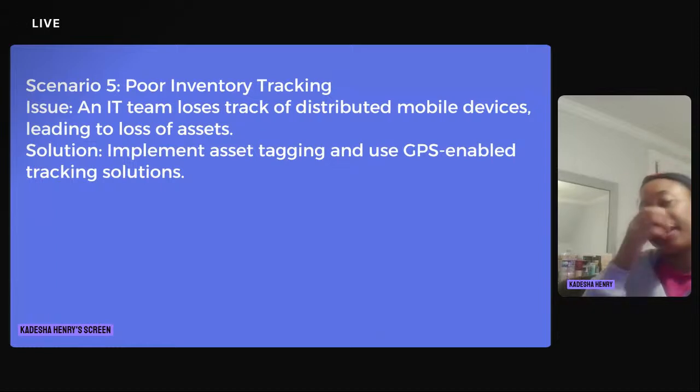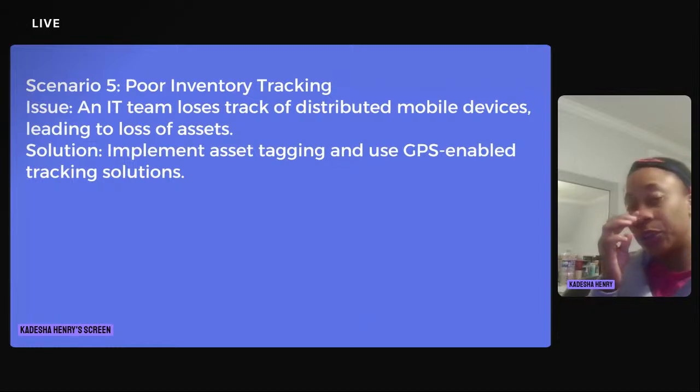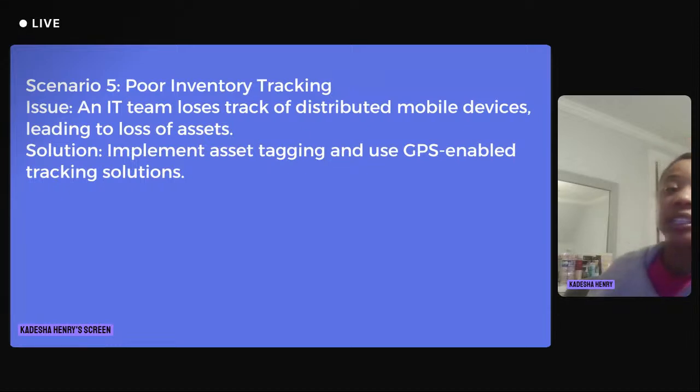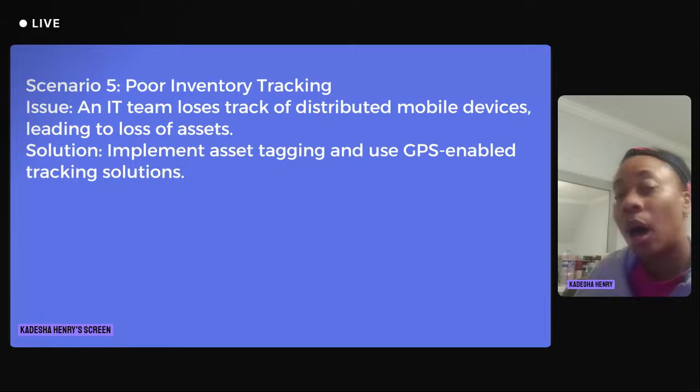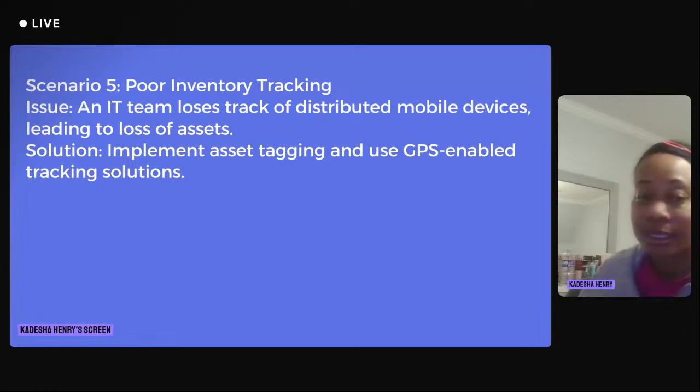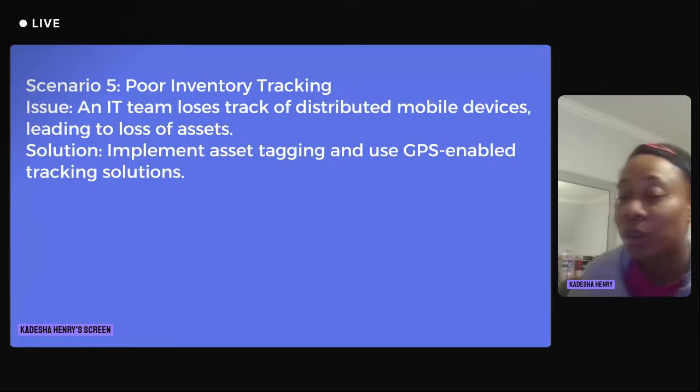So let's look at another scenario, and this one has to do with poor inventory tracking. The issue is an IT team loses track of distributed mobile devices, leading to loss of assets, right? Implementing asset tagging and use of a GPS-enabled tracking solution will tell you where it is.